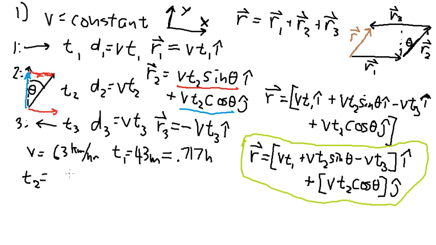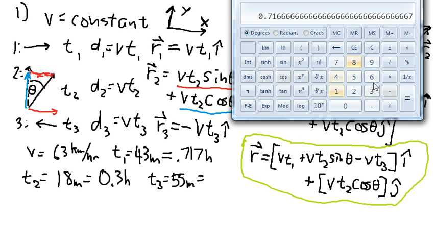T2 equals 18 minutes, which equals, I happen to know this, 0.3 hours. And then T3 equals 55 minutes, which is 55 divided by 60, going to be 11 divided by 12, which is 0.917 hours.